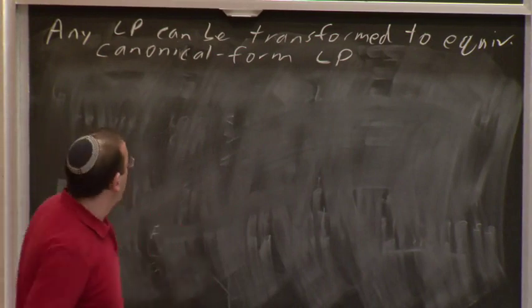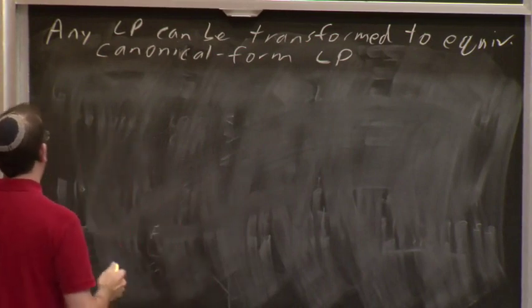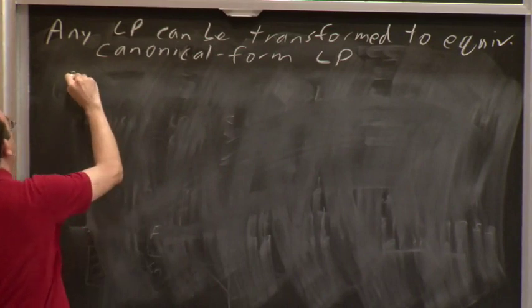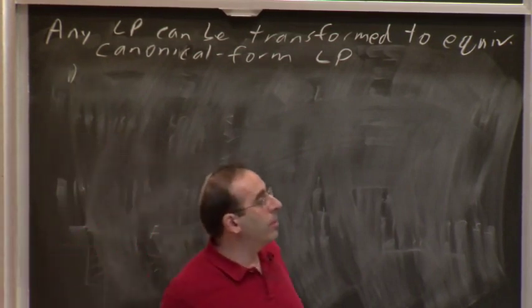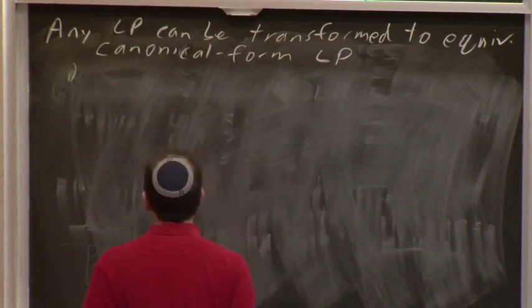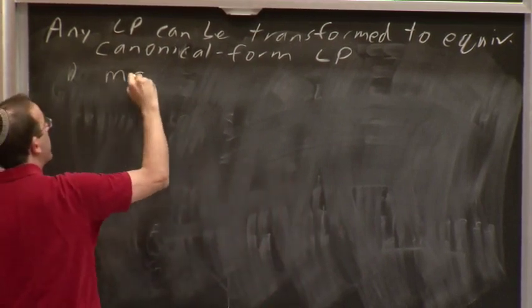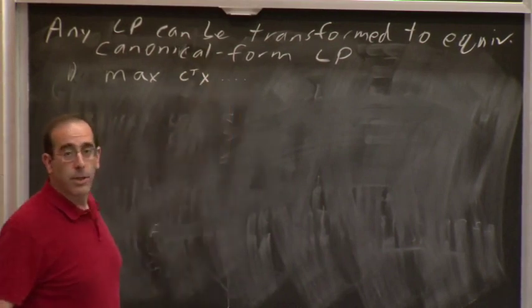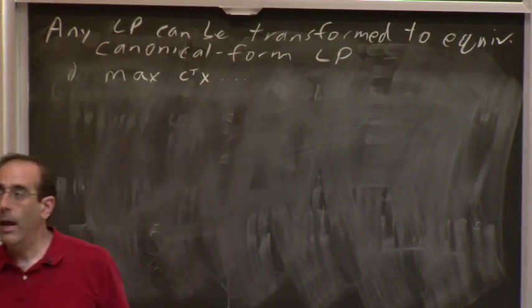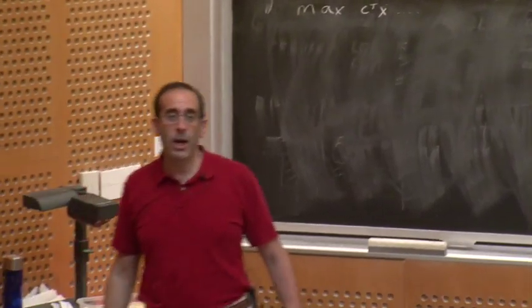So let's think about the pieces of that. So suppose over there in the canonical form, you'll notice that I wrote minimize c transpose x. Suppose that instead I have a linear program that asks me to maximize c transpose x. How can I transform that to fit the canonical form?